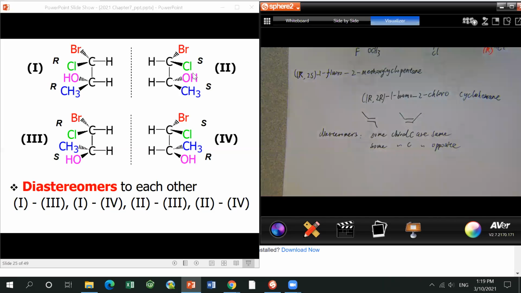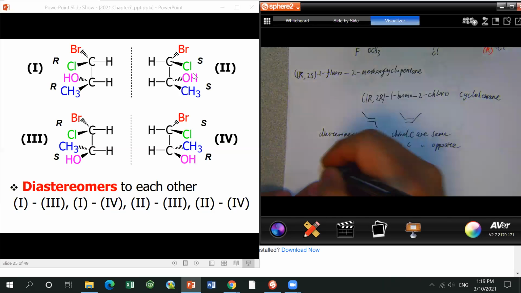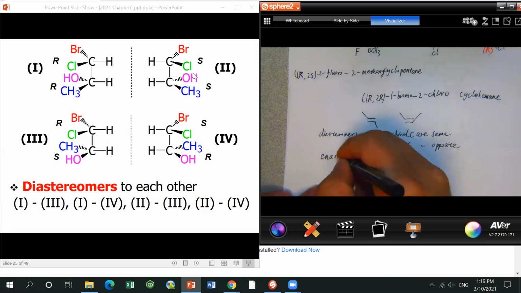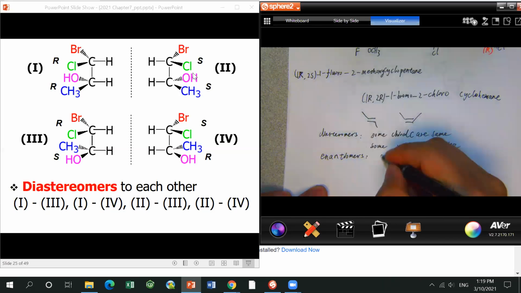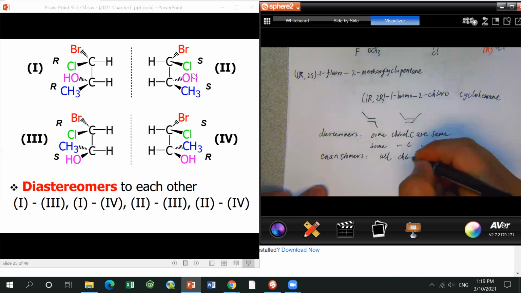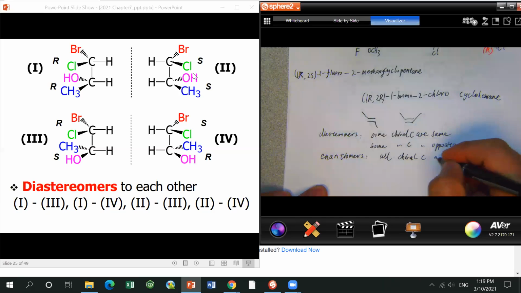For enantiomers, all stereocenters have to be opposite, all chiral carbons opposite, so the assignment is opposite: R becomes S, S becomes R.